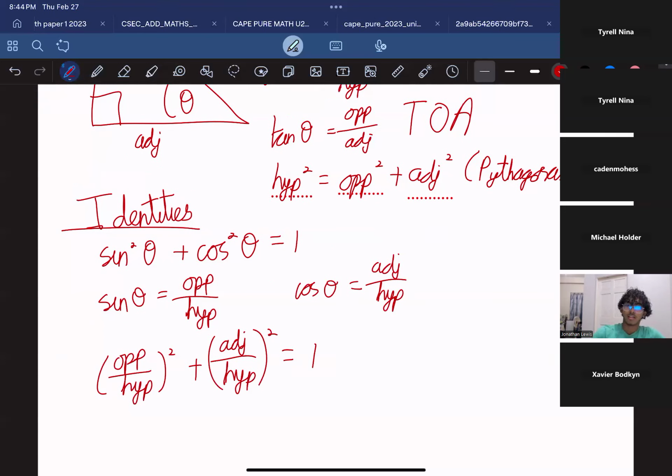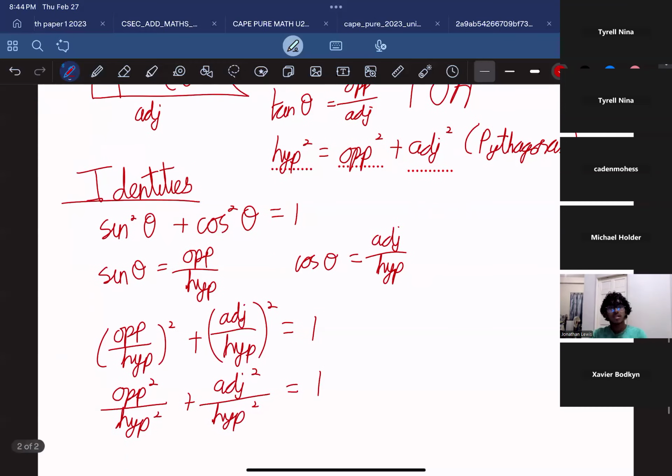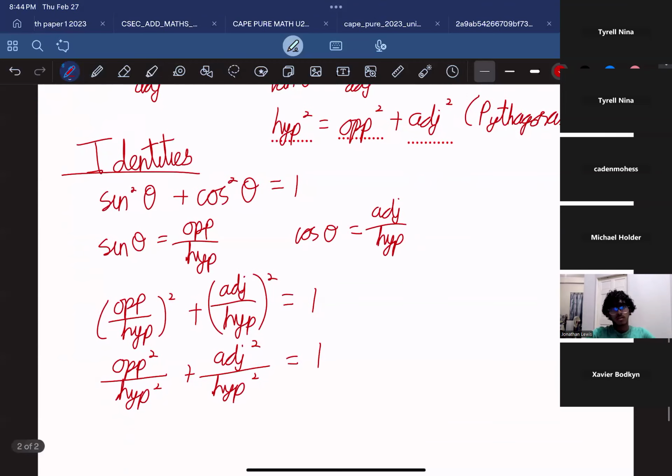We get opposite squared over hypotenuse squared plus adjacent squared over hypotenuse squared is equal to 1. If I multiply everything by hypotenuse squared, we get opposite squared plus adjacent squared is hypotenuse squared. That's essentially the proof. There's another one we covered as well, but this is really the one that they want. So this is my first identity, and this is the proof.